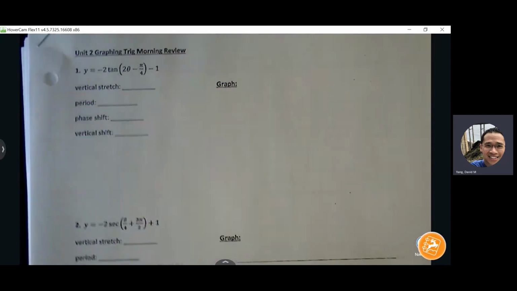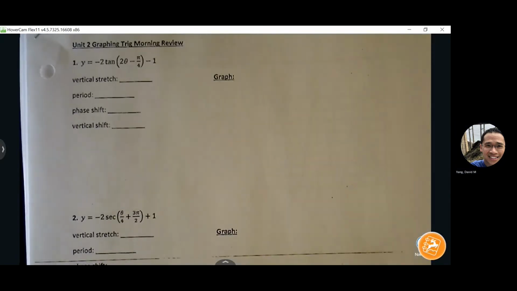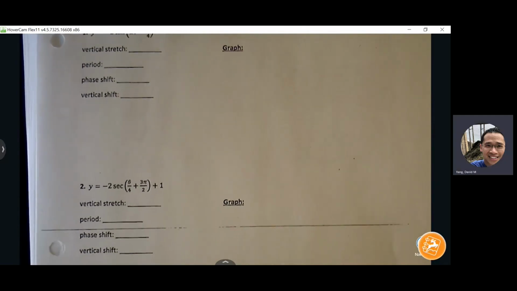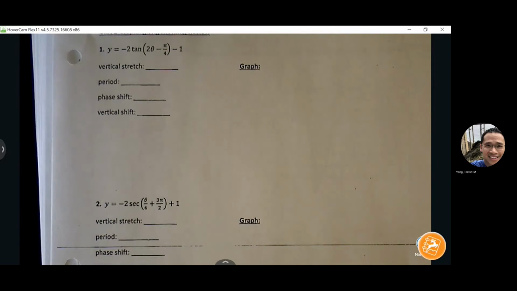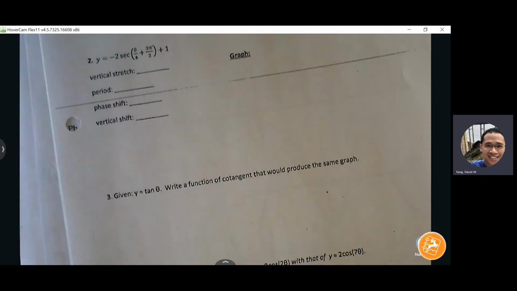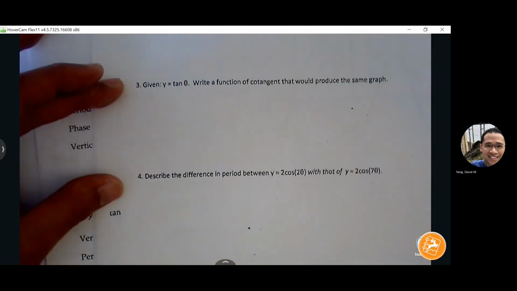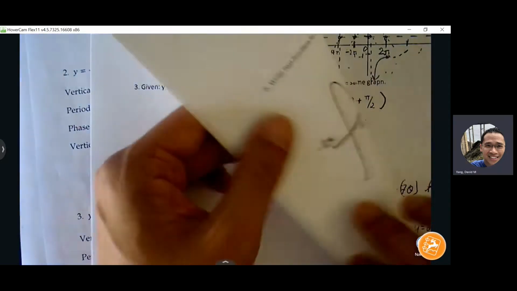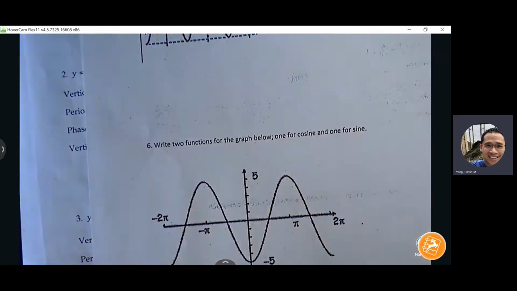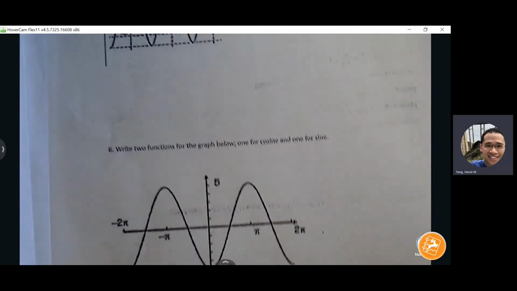You will get 4 graphs: most likely one of sine and cosine, one of secant and cosecant, and one tangent and one cotangent. Look at number 3 and 4, see if you can work through that. You'll also have to write a trig function in terms of sine and in terms of cosine. So everything that we've quizzed over is pretty much what to expect on the test.